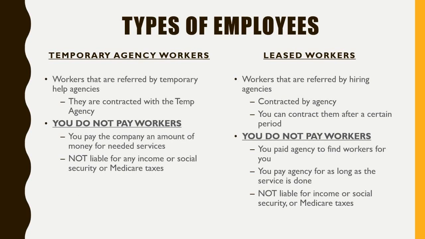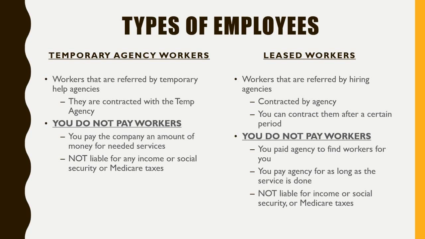And then lastly, the last two sections that we're looking at are temporary agency workers or leased workers. So these two kind of go hand in hand. For example, a temporary agency worker. If you've heard of Robert Half, they are a temporary work agency.